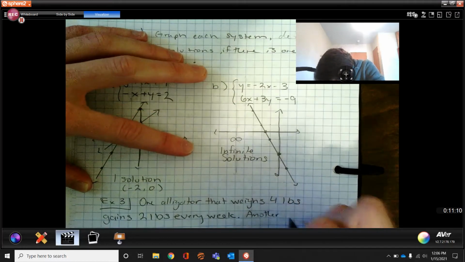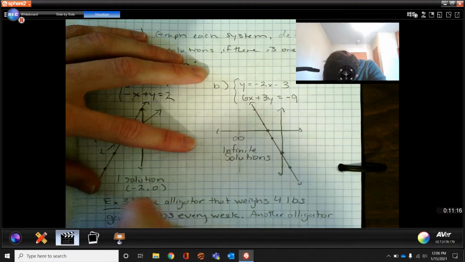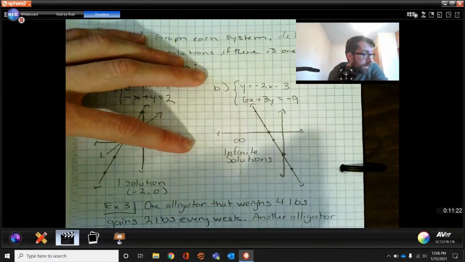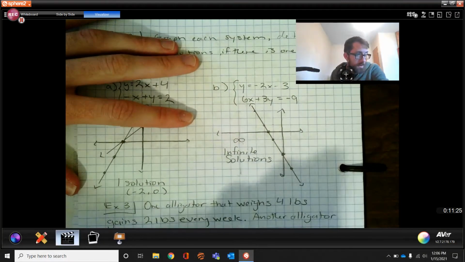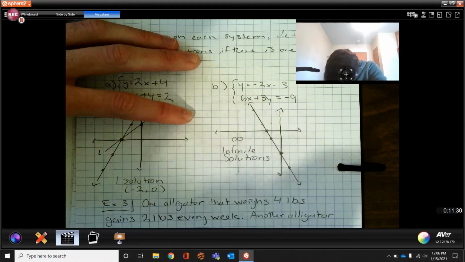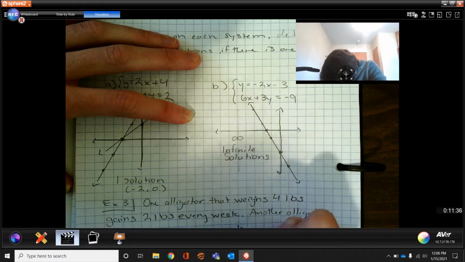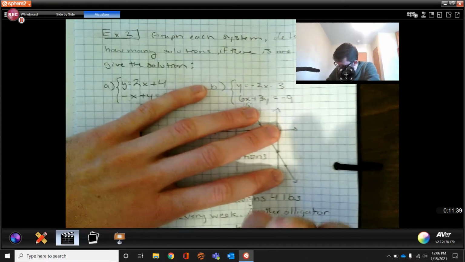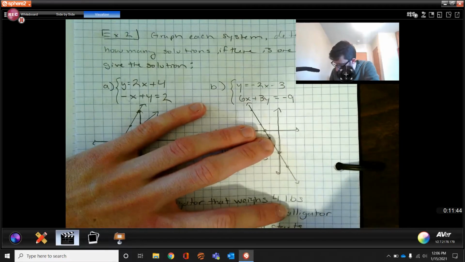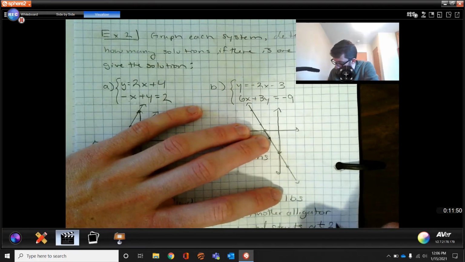Another alligator gains 3 pounds every week and starts at 2 pounds.